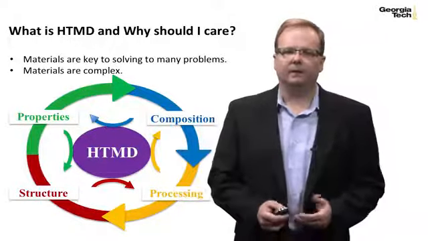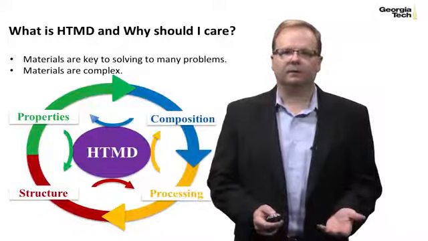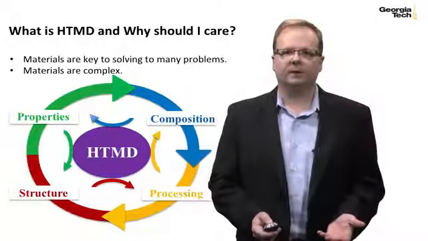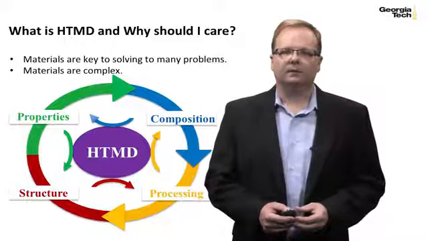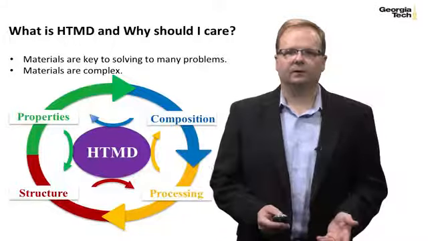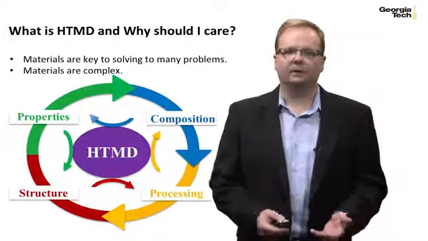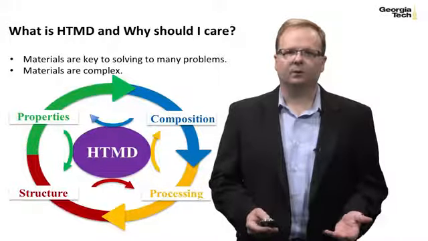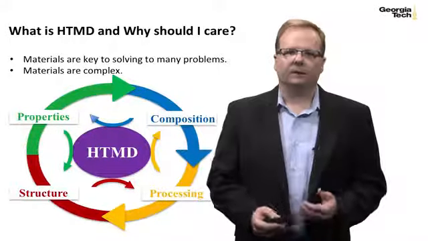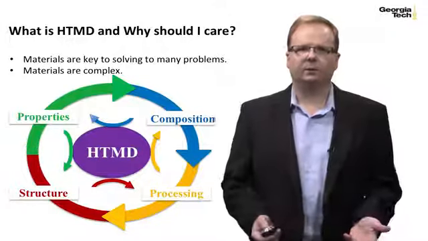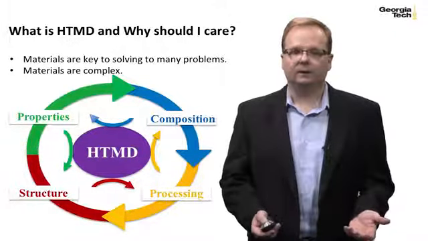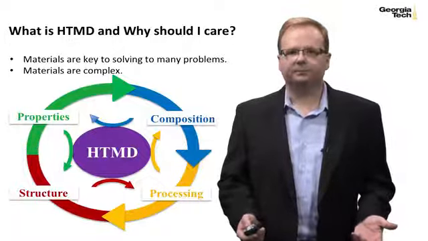Well, in a materials development effort, you first of all have many compositions, sometimes thousands or even millions to consider, and processing conditions like temperature, flow rates, exposure to light, and so on. This combination of processing and composition can lead to huge numbers of samples that you need to look at to develop a material.